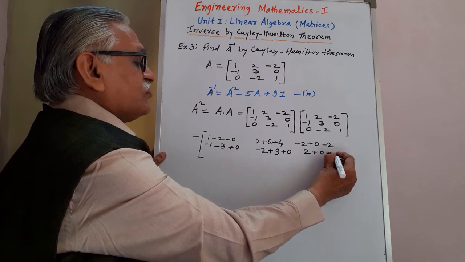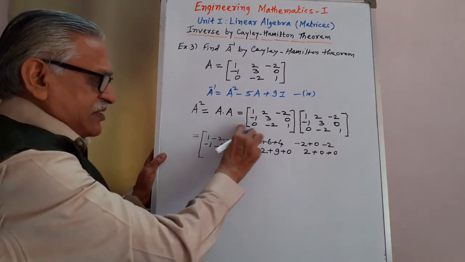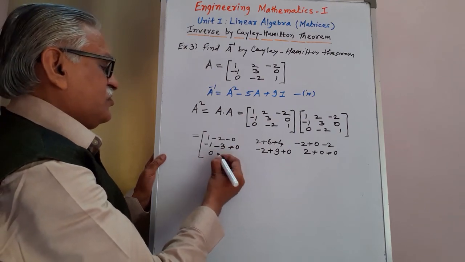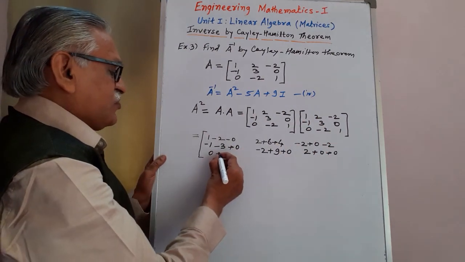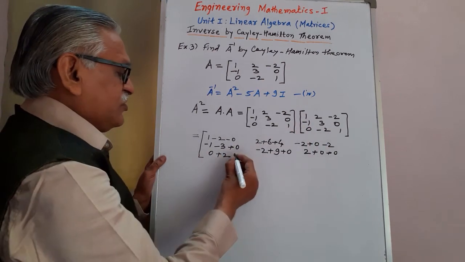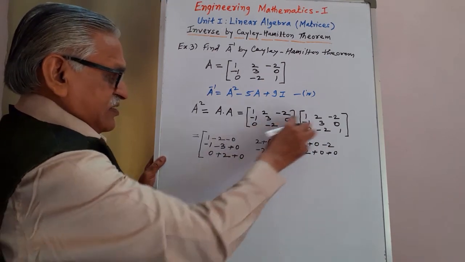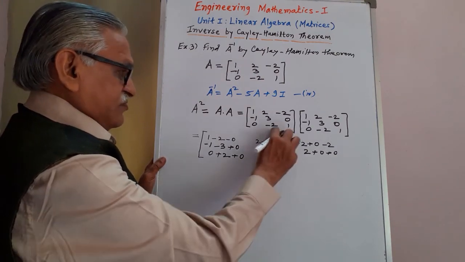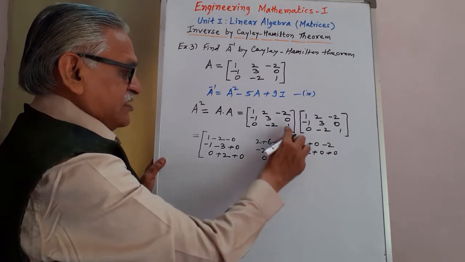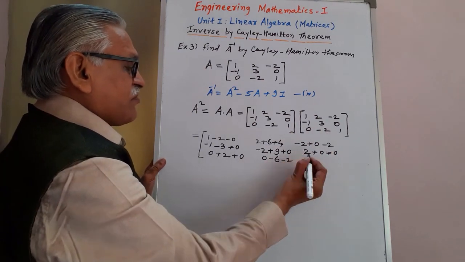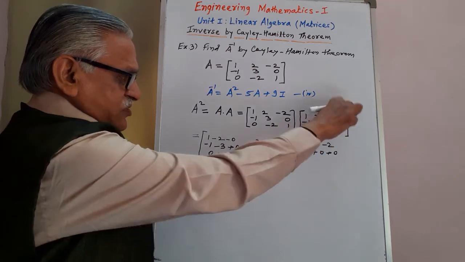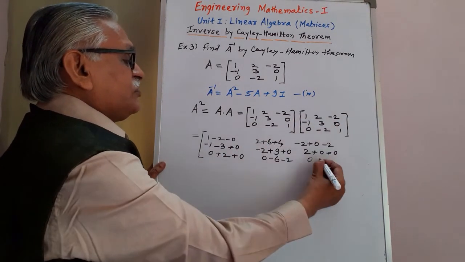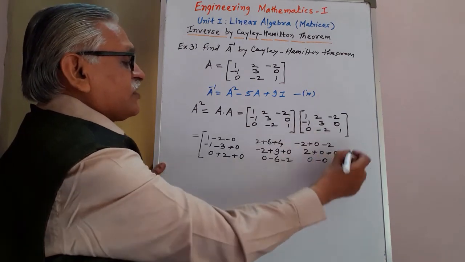Then by third row to those columns, first column elements are 0, plus 2 and 0. For second column elements are 0, 3 2s are 6 and minus 2. Then by this third row to third column elements are 0, 0 and plus 1.